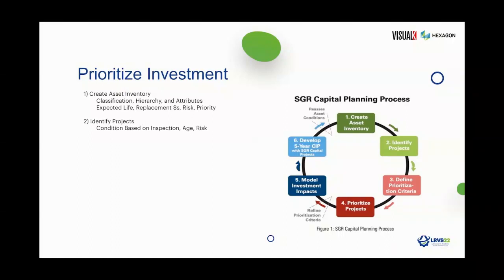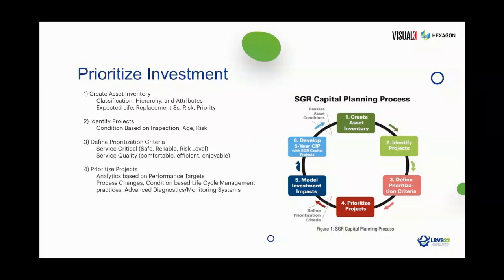Identify your projects based on the condition of your assets. Identify what's the age, what's the risk, and then define a prioritization criteria, right? Look at what's service critical, what is the service quality, and from there you can start defining projects and prioritize the projects, right?